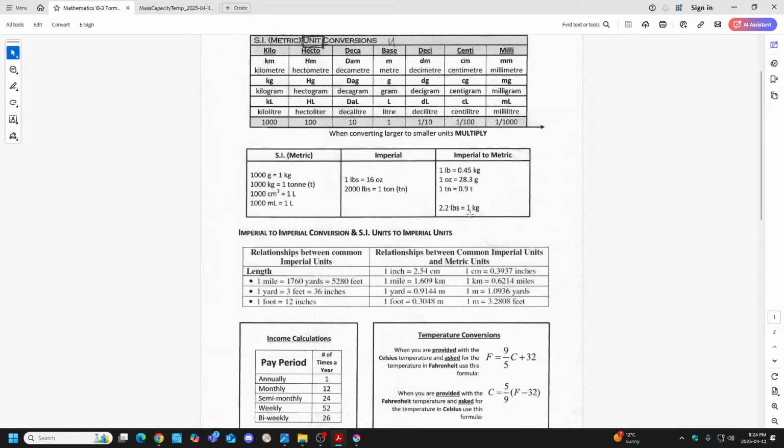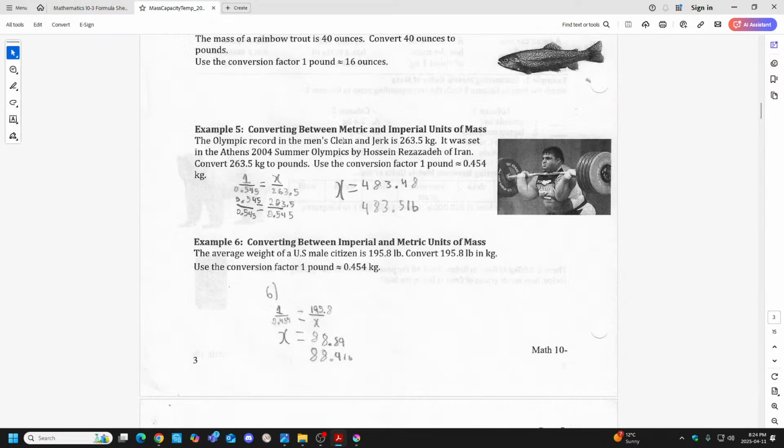But if you have in your head that a kilogram is 2.2 pounds, you have a rough idea. We're going to convert to pounds, so we're basically going to be multiplying this by 2.2. You can actually do the quick math that way, but we're going to do the ratio proportion.